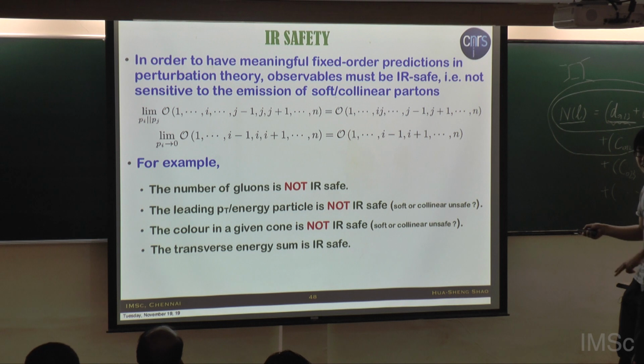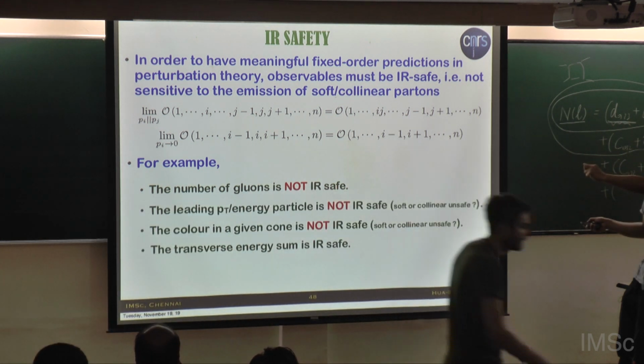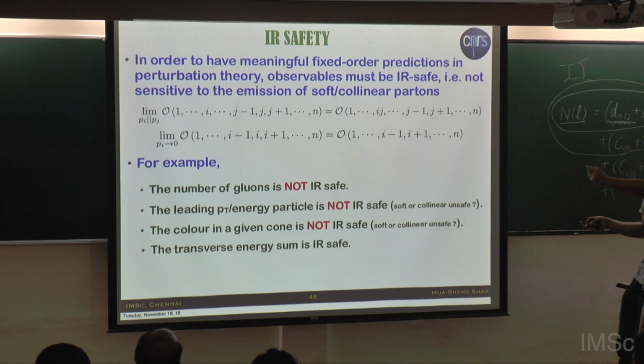I just gave you the answer, because you can imagine the leading parton: if it splits into two collinear partons, they share the momentum, so it is not leading anymore, right? So it's very sensitive to whether your parton splits or not. So it's not collinear safe.